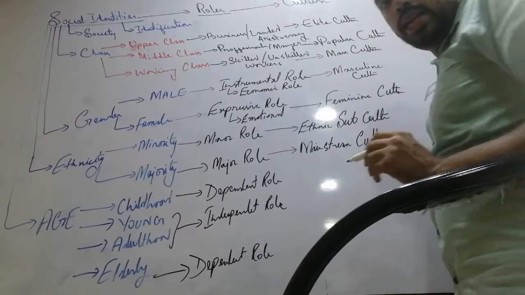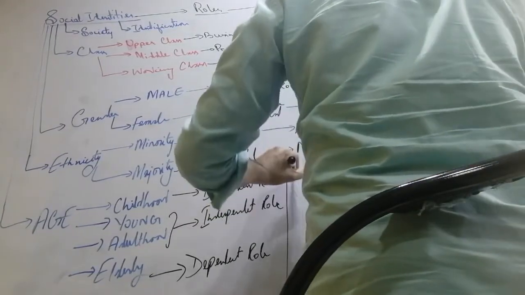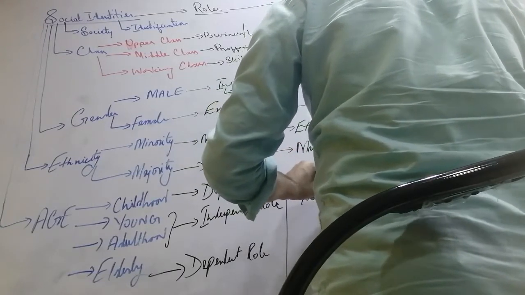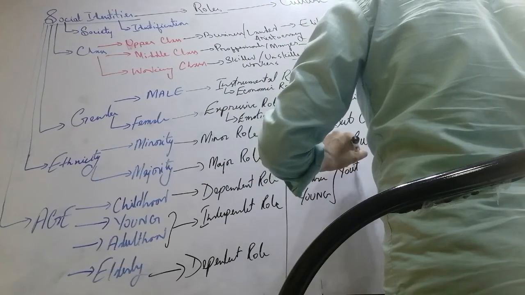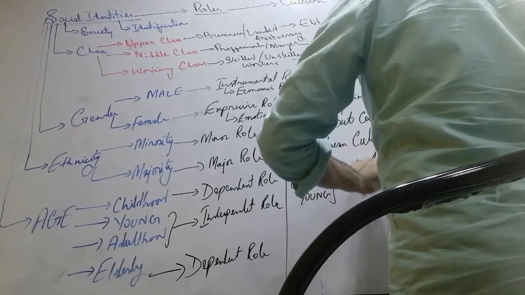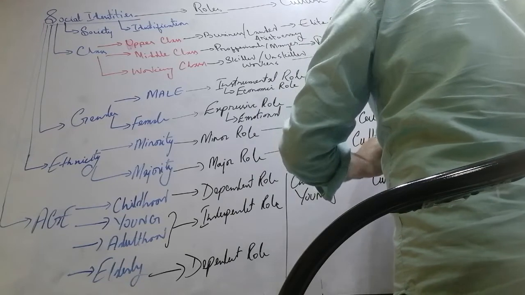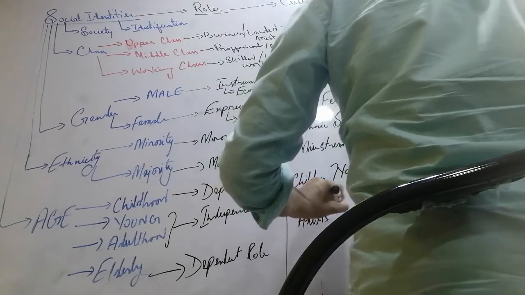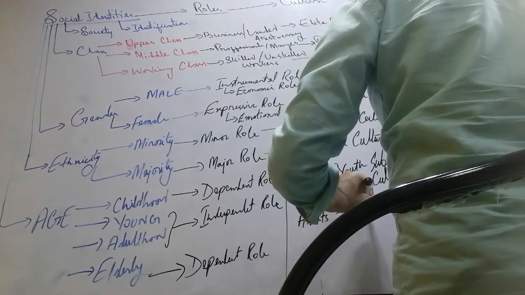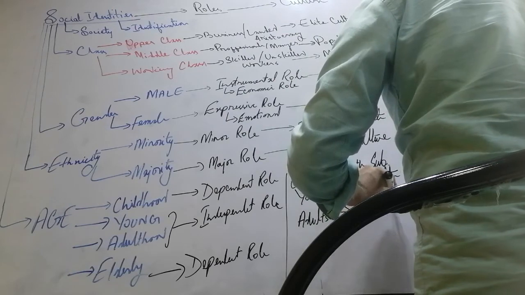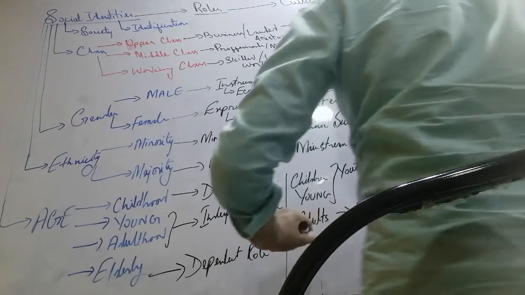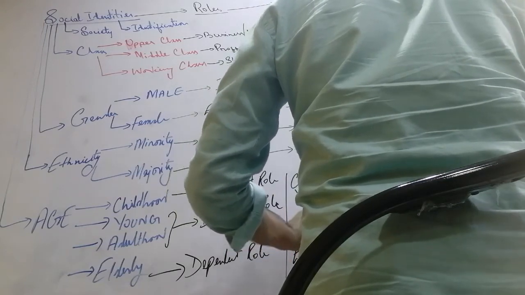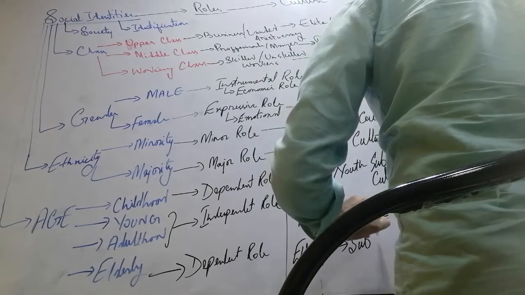Okay, now moving on, if we talk about children and young people, they have youth subculture. If we talk about adults, they have the mainstream culture of society, and the elderly also have an elderly subculture.